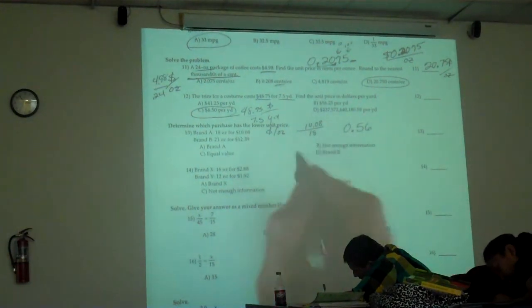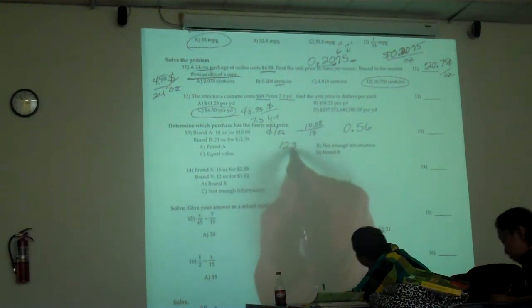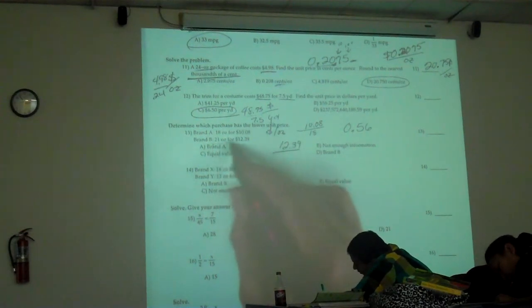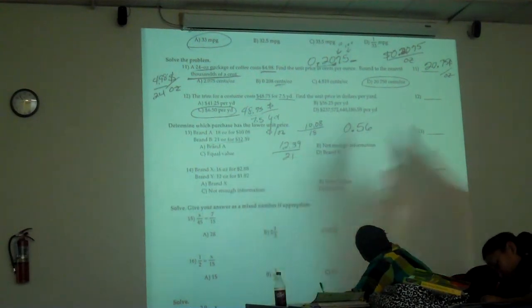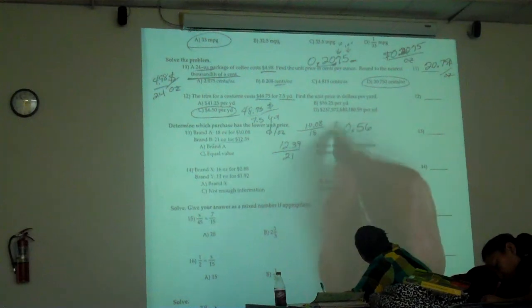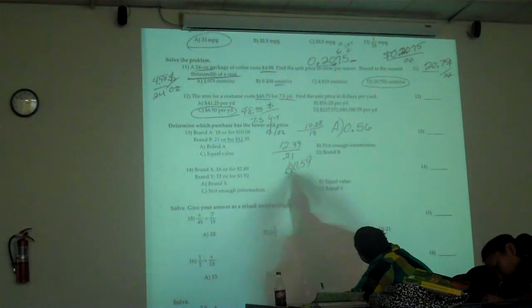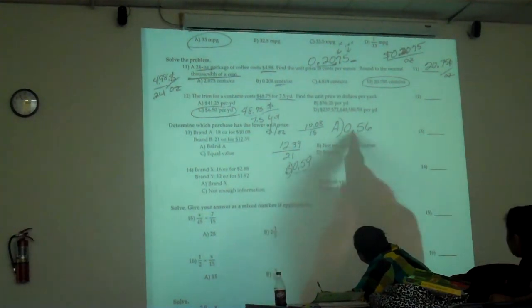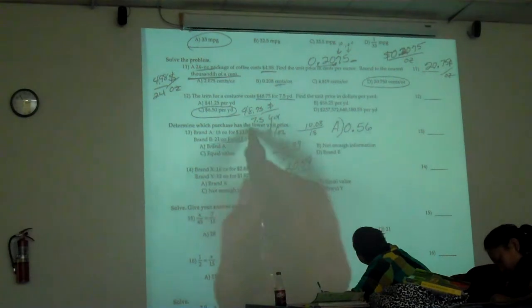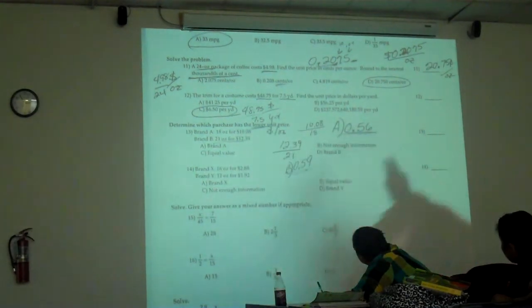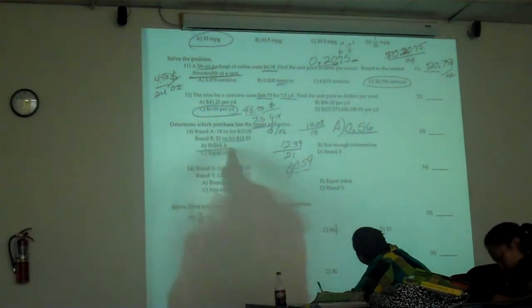Okay. And then the other one is 12.39 for 21 ounces. Divide that one out. And B is 0.59. Would you rather pay 59 cents an ounce or 56 cents an ounce? 56. Lower price is 56, which is brand A.